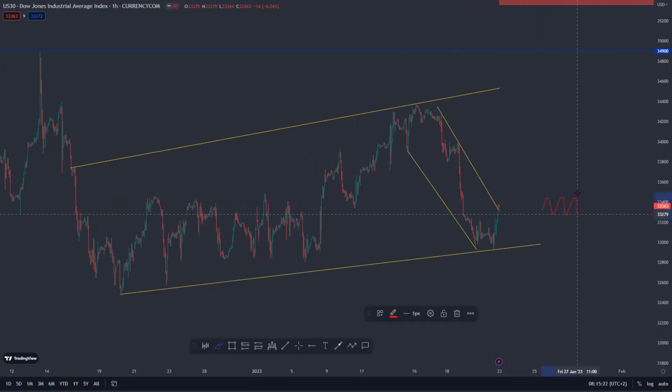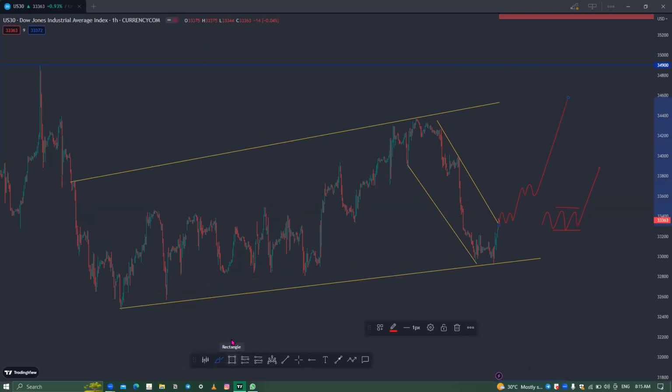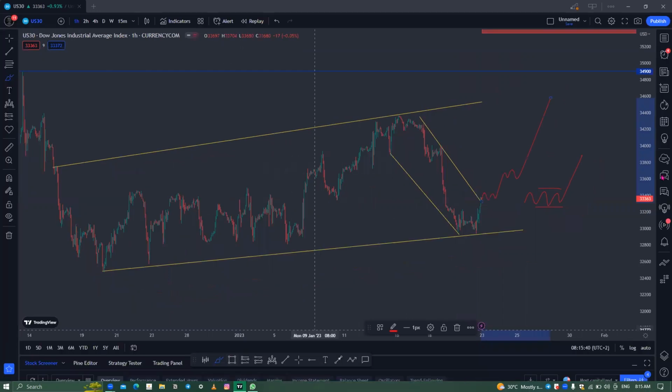Just wait for the market to push up with an impulse, give you a correction, and you are going to trade whatever correction you find there. So let's go to another pair, guys.